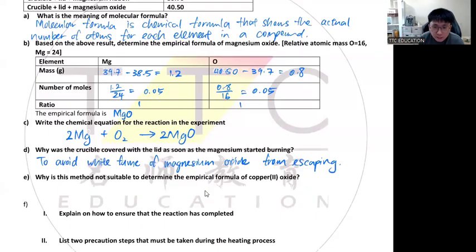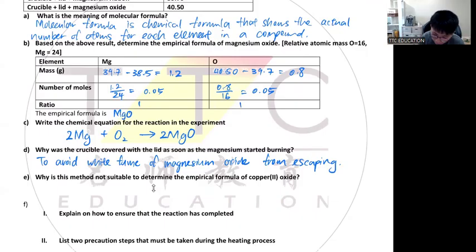Okay, why is this method not suitable to determine the empirical formula of copper 2 oxide? Guys, imagine I change this to copper plus oxygen becomes copper oxide. Actually, this one is not suitable because copper is less reactive. So if you heat with oxygen, it is very slow. You have to waste like half an hour, 1 hour. Also cannot finish the experiment.